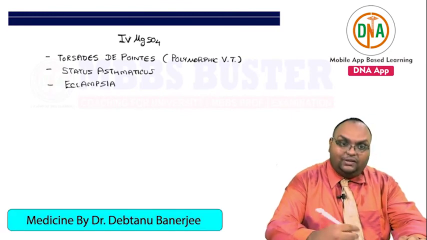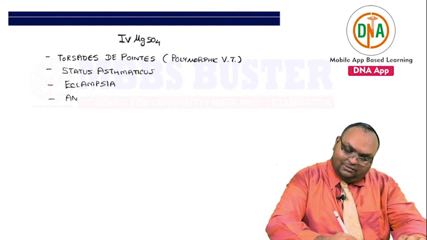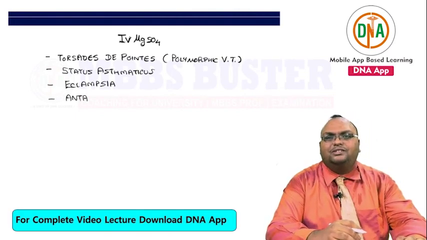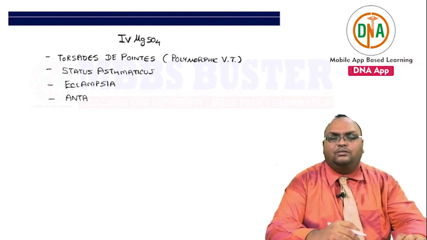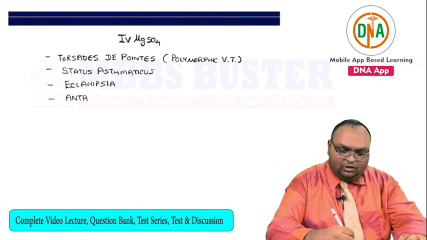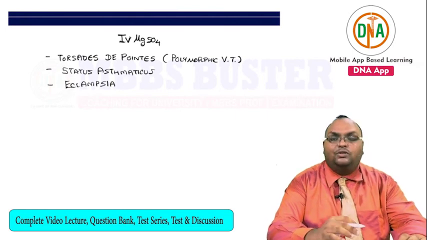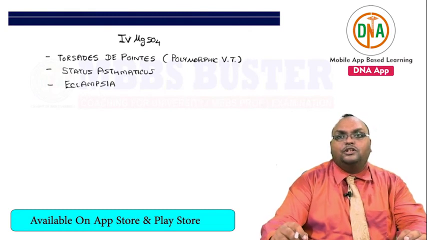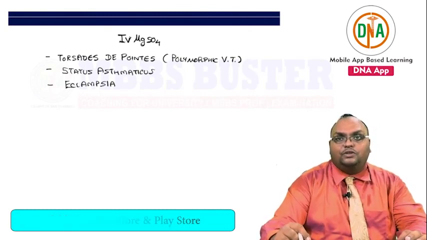You could definitely give it in the form of antacids. Although for antacids we would rather give magnesium oxide and magnesium hydroxide, so I would not say IV magnesium sulfate is given over there, but you definitely use magnesium compounds as antacids, and you also have magnesium compounds being used as purgatives.